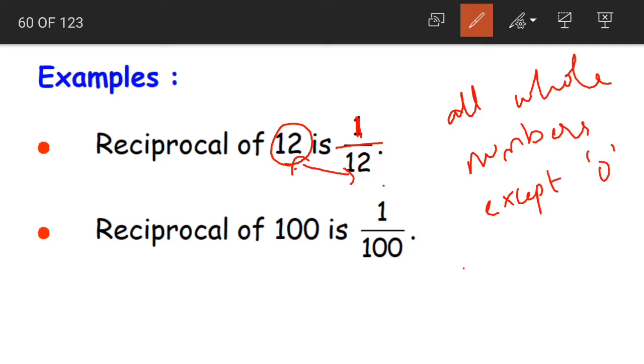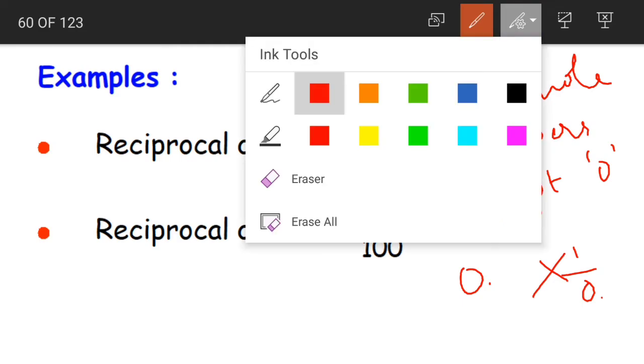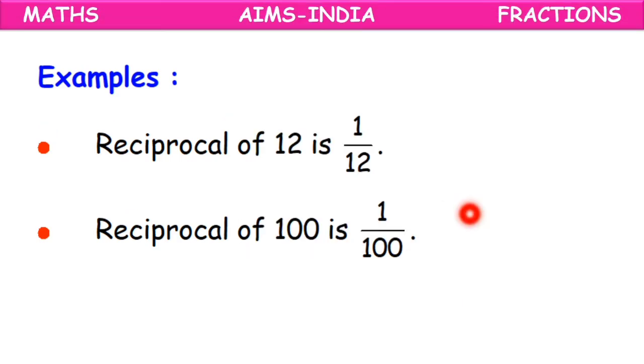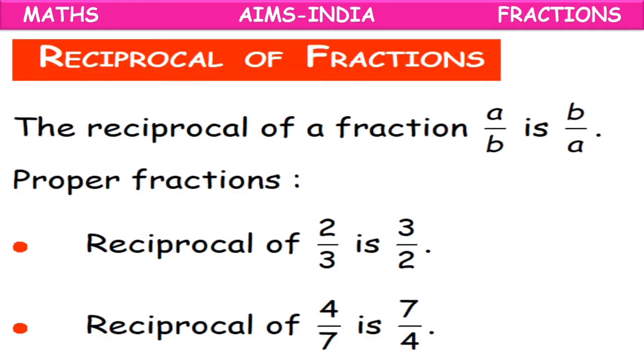Understood, children? When I have the number 0, its reciprocal will not be equal to 1 by 0. So for all the whole numbers except 0, the reciprocal would be 1 divided by the given whole number. Now what about 0? What will be the reciprocal of 0? We'll learn about it also.